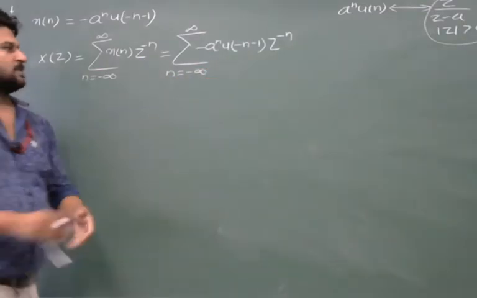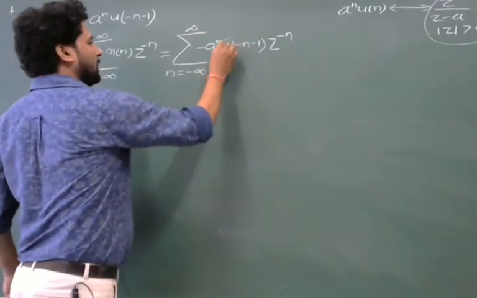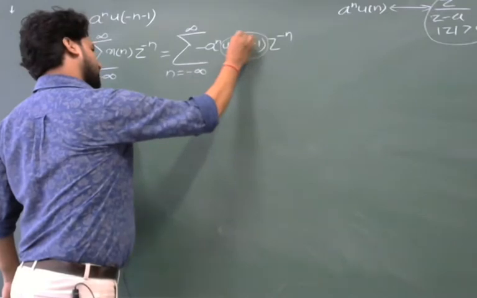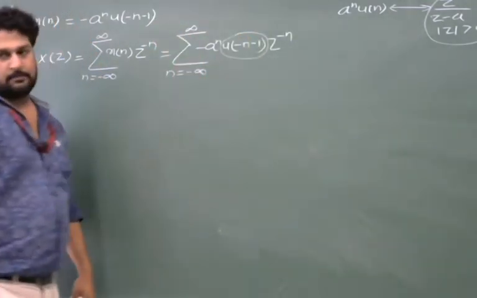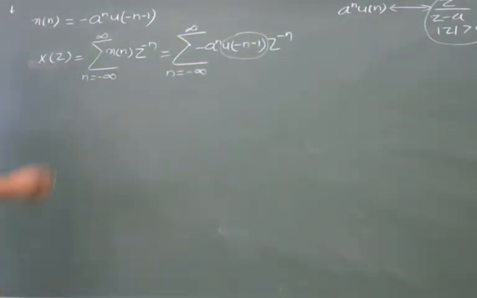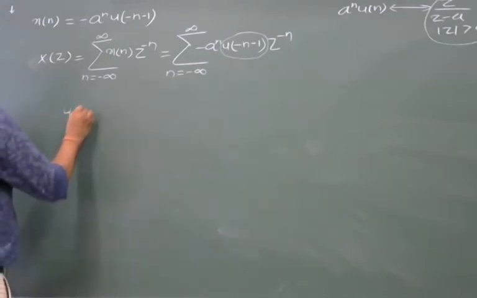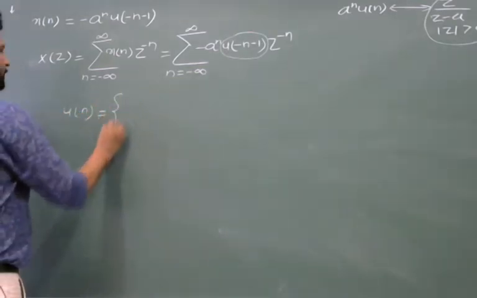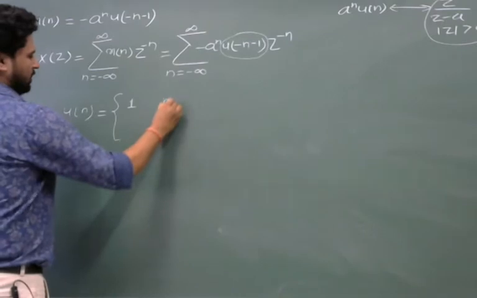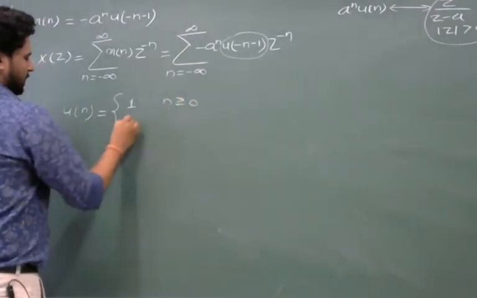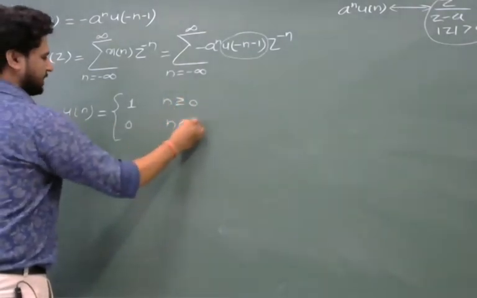For that purpose, we have to consider the existence of this signal u of minus n minus 1. We know the definition, u of n will be equal to 1 when n is greater than or equal to 0, and this will be 0 when n is less than 0.